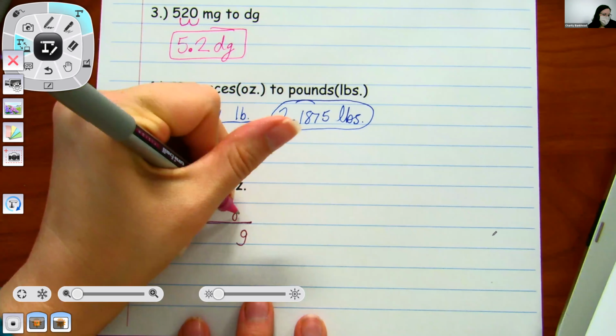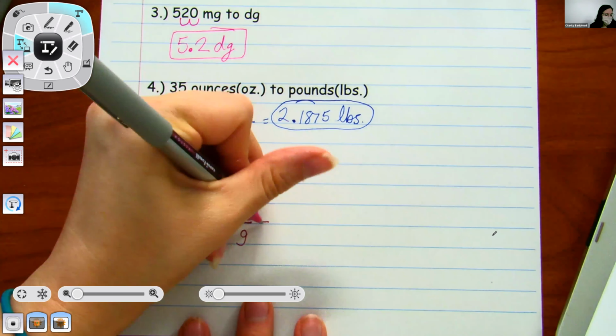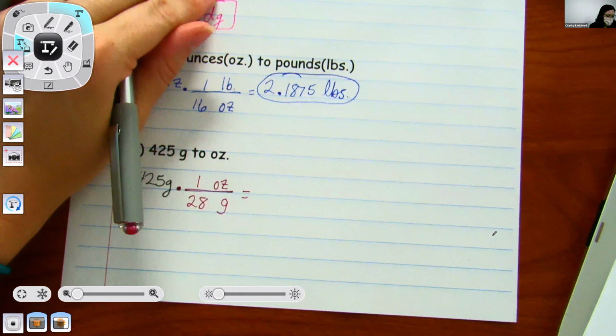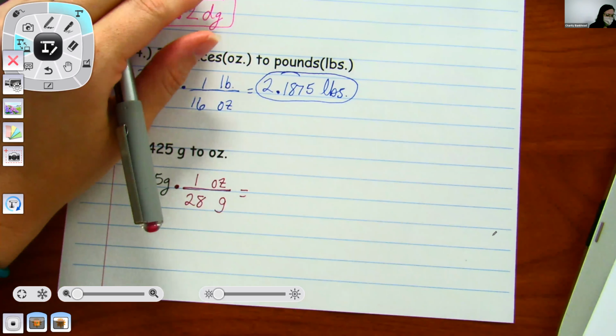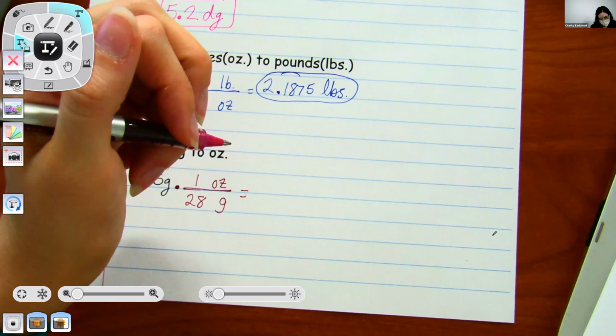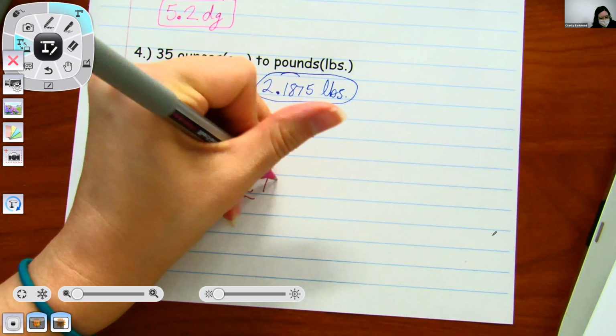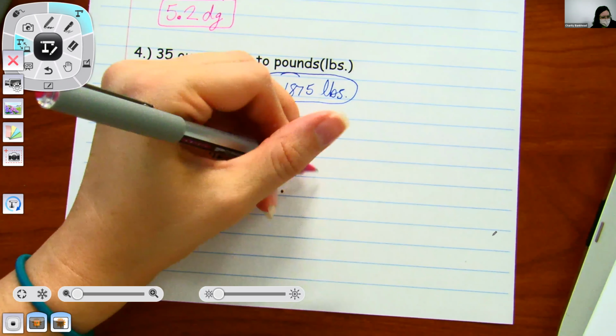So 425 divided by 28 is approximately 15.18 ounces.